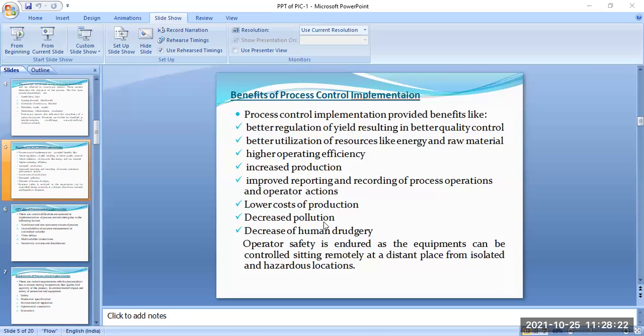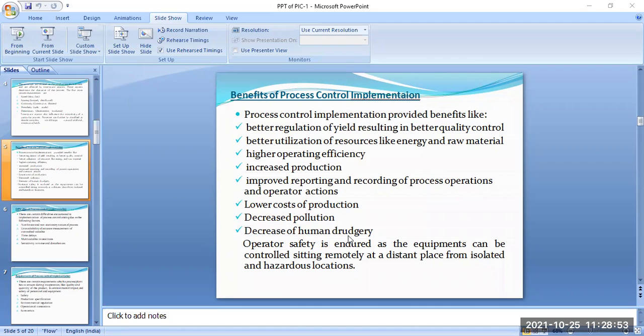This type of pollution is increasing nowadays, so you have to follow how to decrease the pollution level of the process industries or plants. Nowadays certain guidelines and rules are also arranged for pollution, and these pollution rules we have to follow in industry and also for domestic purposes.